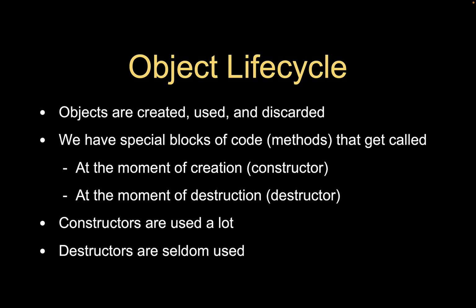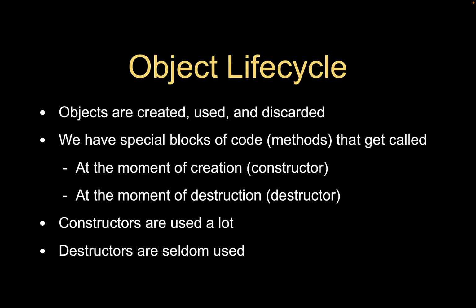So objects are created, used, and discarded. So sounds like they go out. Well, we discard them at least. Do they go out of existence? We have special blocks of code within our classes called methods that get called. There's one that gets called for us at the moment of creation. It's called a constructor.